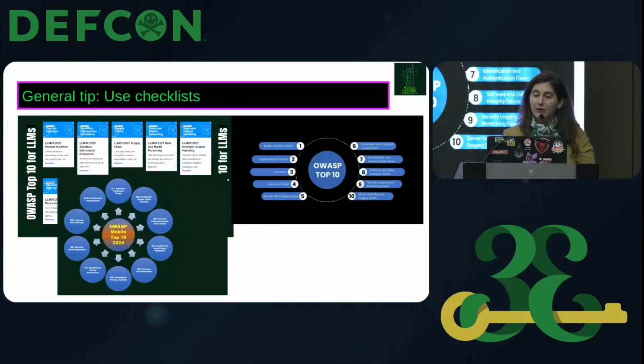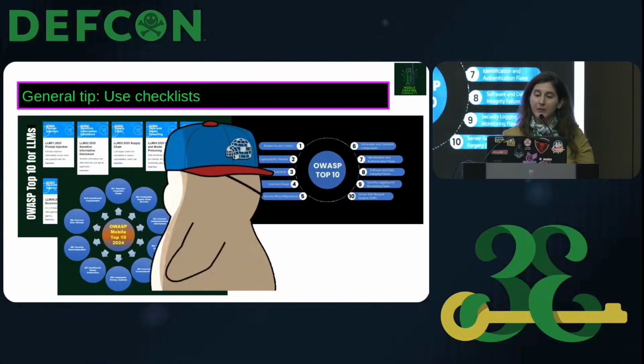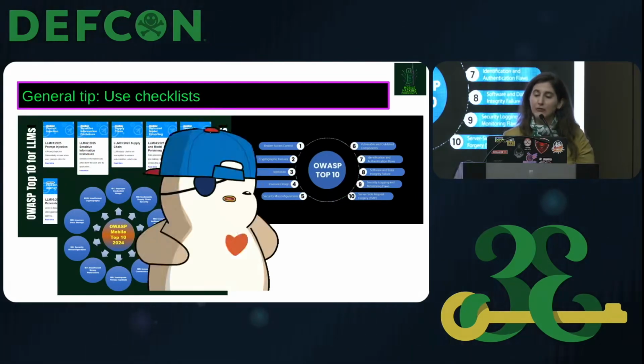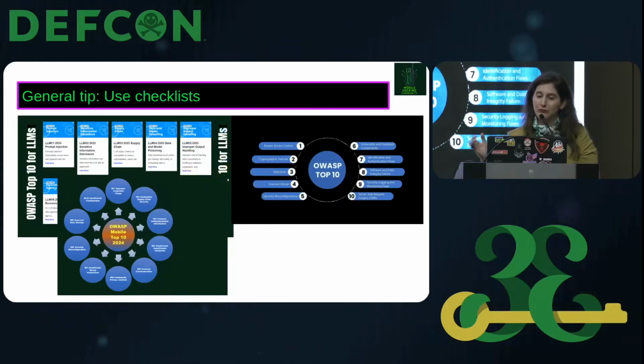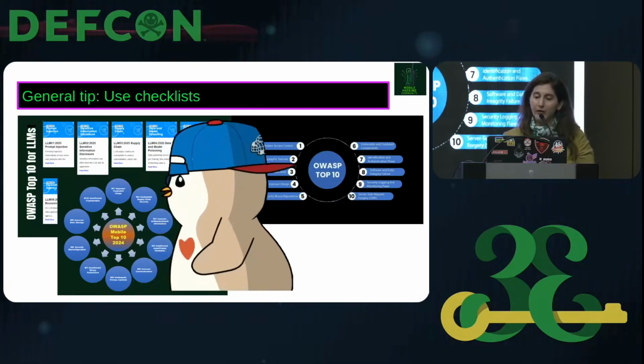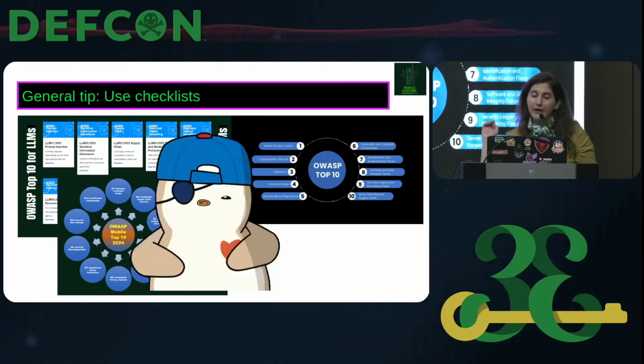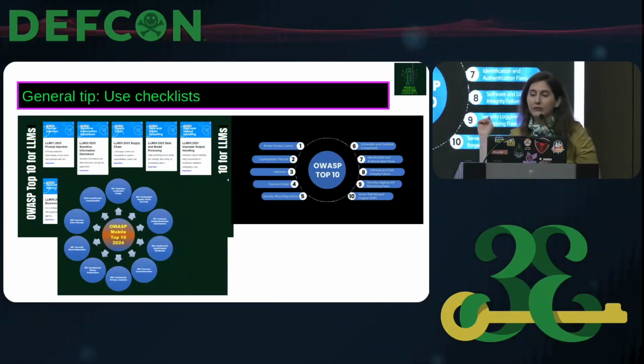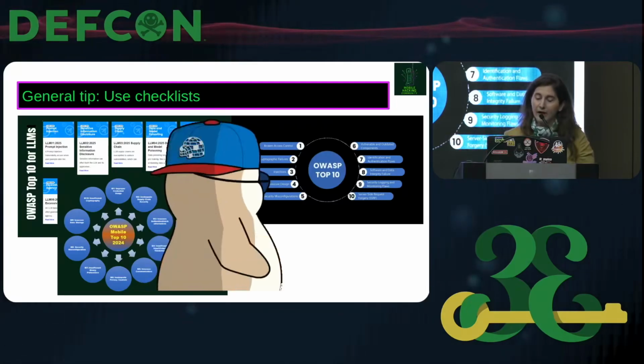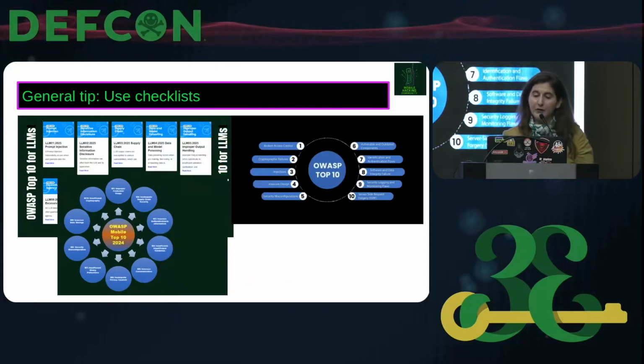I wanted to conclude on the attack phase by giving a general tip. When I do my pen test, I really like to use checklists because it gives me a way to stay on track and to make sure that I cover as many aspects of the target as possible. The top 10s are always a nice thing you can add into your list. These are all basic checks, and also every context is different.